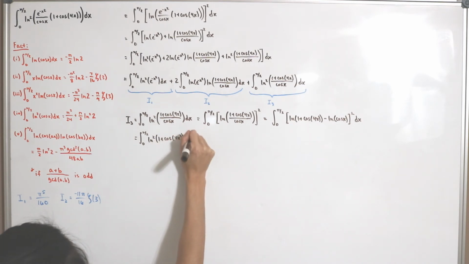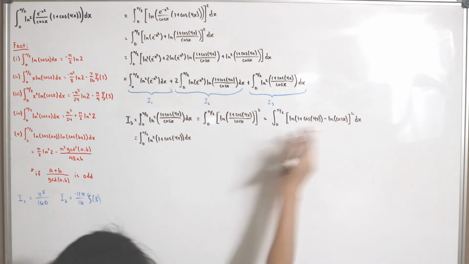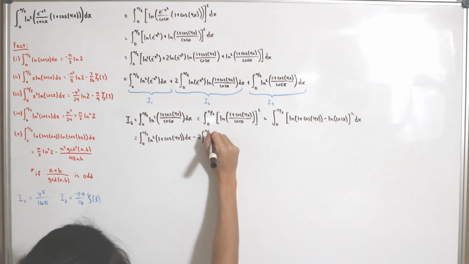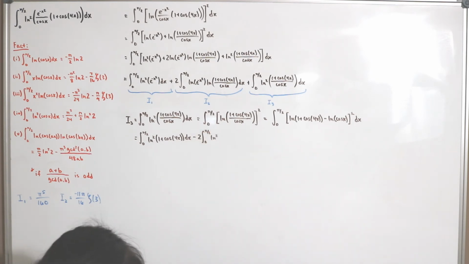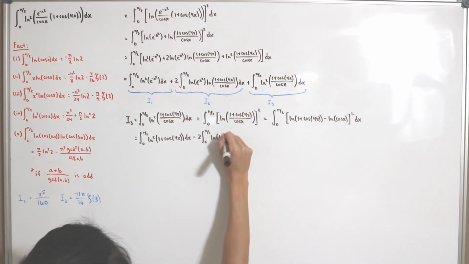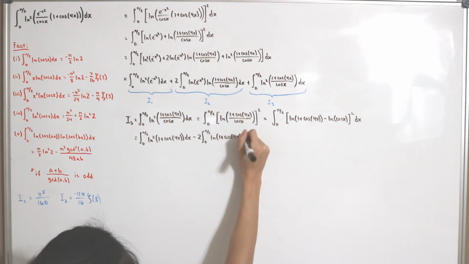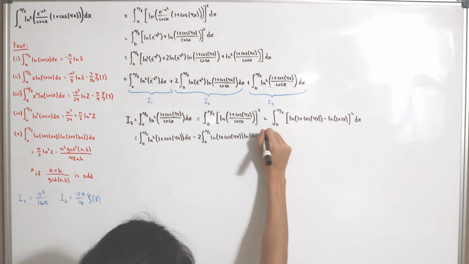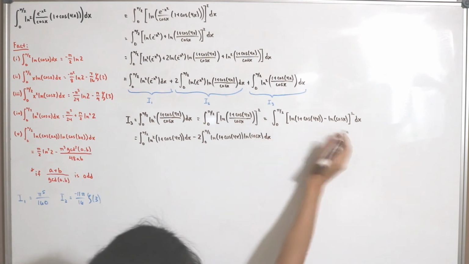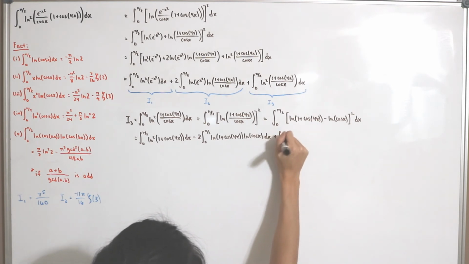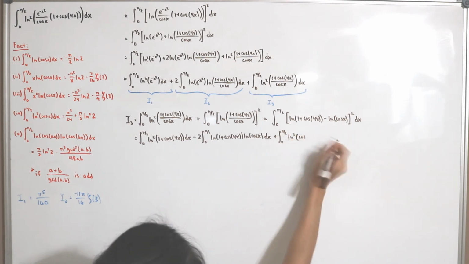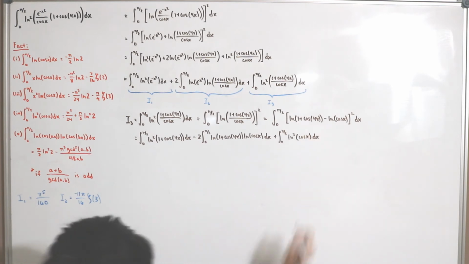The first is ln square of 1 plus cosine 4x dx, then this times this is a minus, so 2 outside, integral 0 to pi over 2 of ln of 1 plus cosine 4x multiplied by ln of cosine x dx, and then over here it's plus the integral from 0 to pi over 2 of the natural log square of cosine x dx.